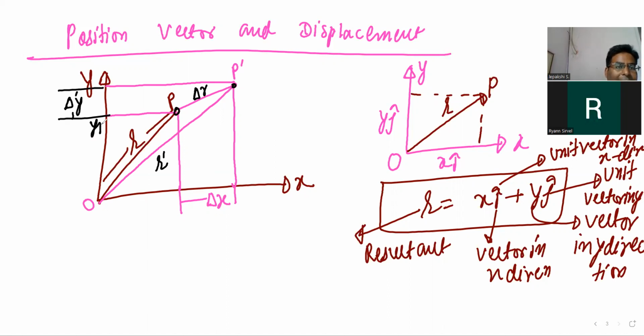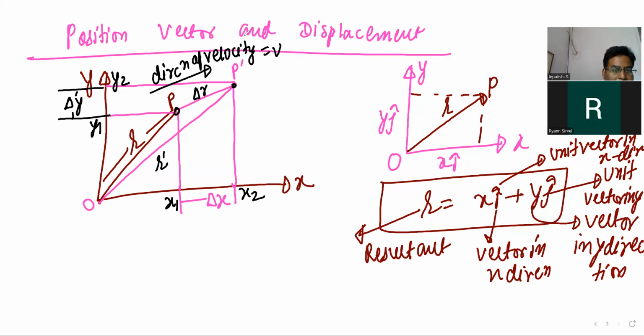Initially it was at y1, now it is pointing to y2. It starts from x1 and it goes to x2. Understood? So this position will give the direction of velocity. Direction of v. V means velocity. Understood up to this point?